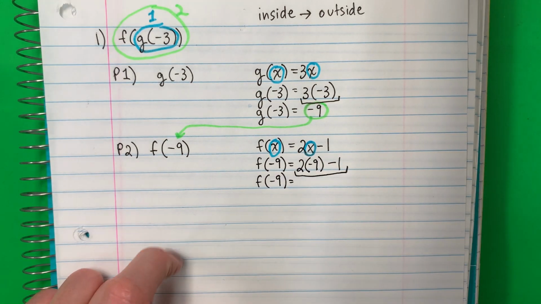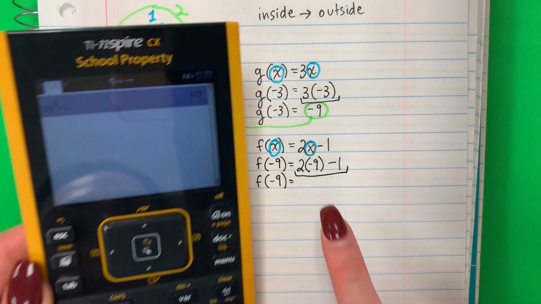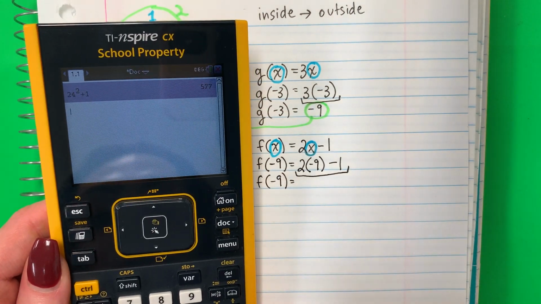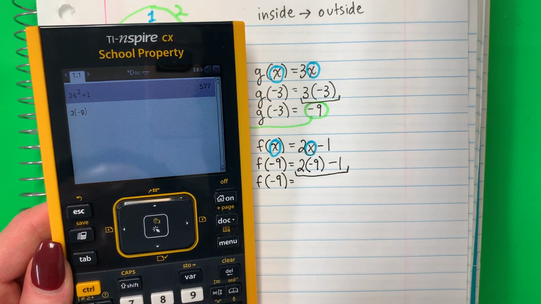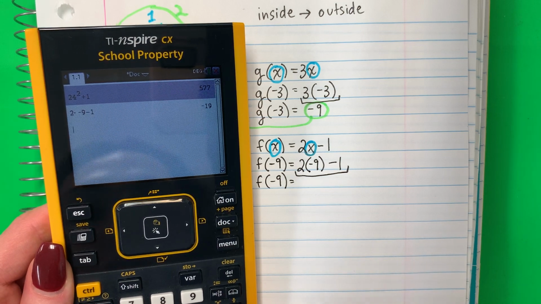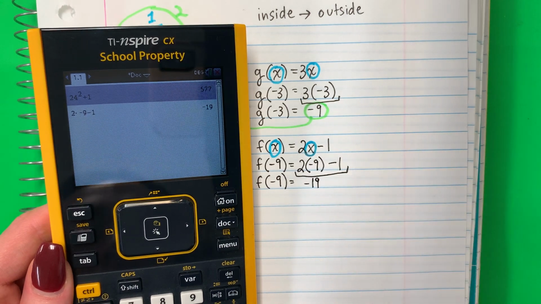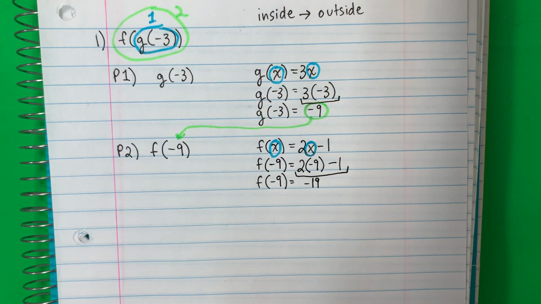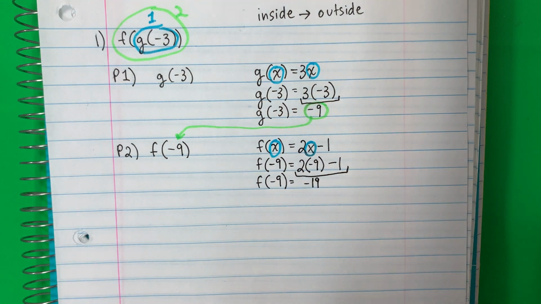You're going to go ahead and put that in the calculator, or you can do it in your head if you know how to do it. So I'm going to go ahead and put 2, parenthesis, -9, parenthesis, minus 1, enter, and I get -19. Okay, this is my final answer. -19 is my final answer. This is it.